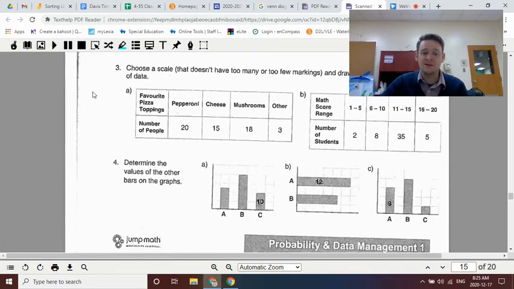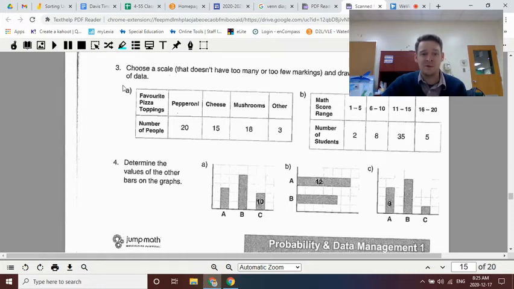Down at the bottom of the page, it says choose a scale that doesn't have too many or too few markings and draw a bar graph for each set. So this one, you will need a separate piece of paper to draw the bar graphs.